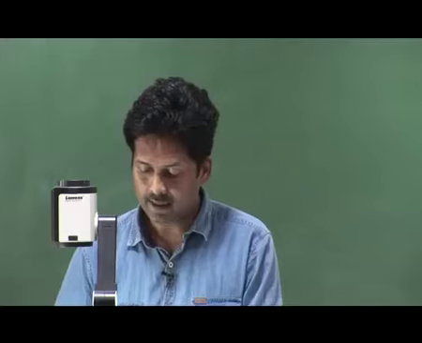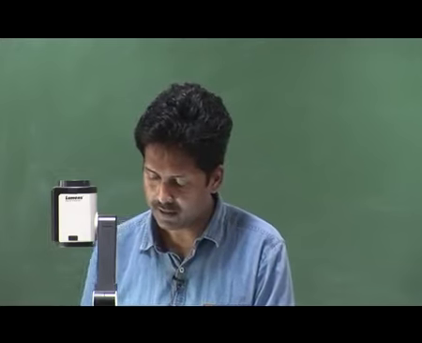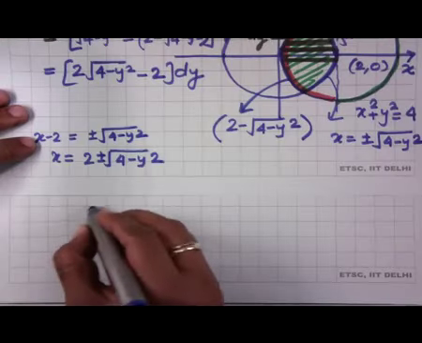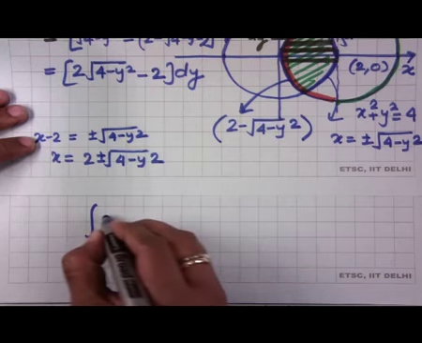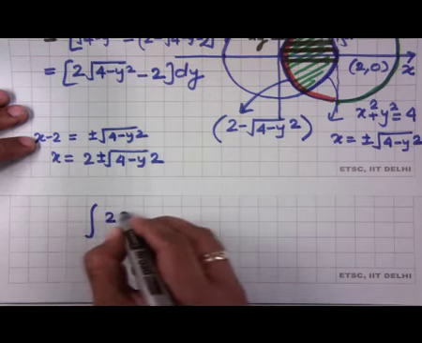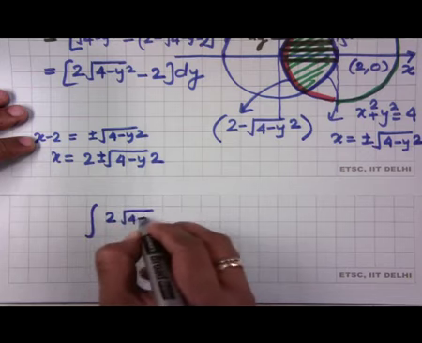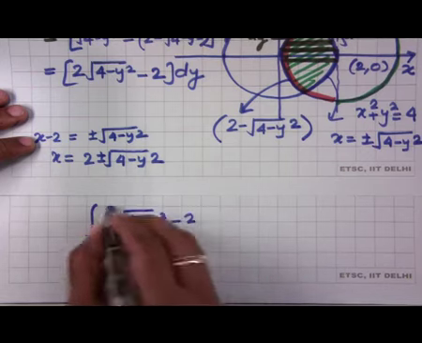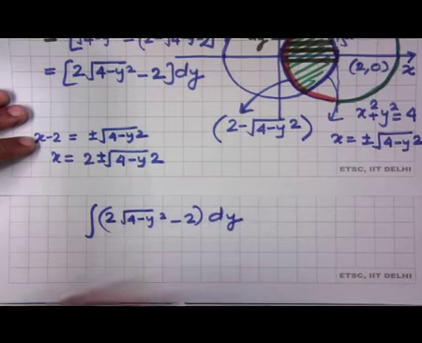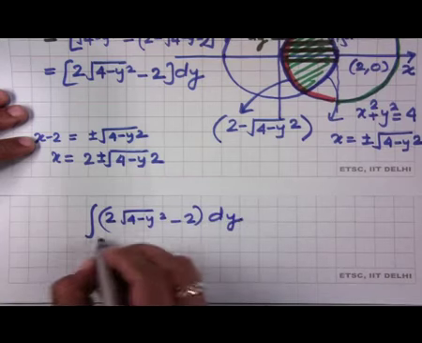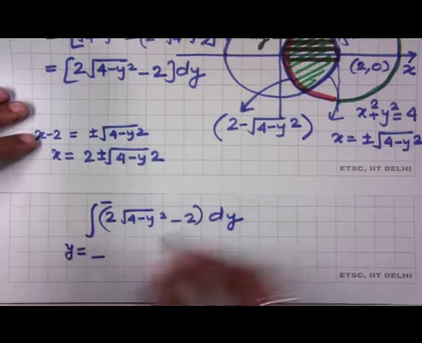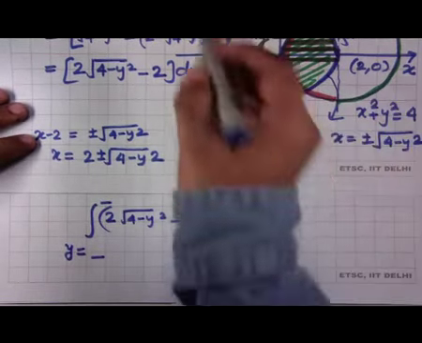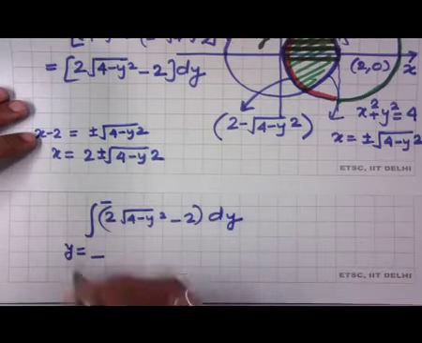So, the required elementary area, if integrated, gives the actual area, that is the integration of 2 under root 4 minus y square minus 2 dy, y from minimum to maximum. Again we need to solve the equations of both the circles to get this limit.